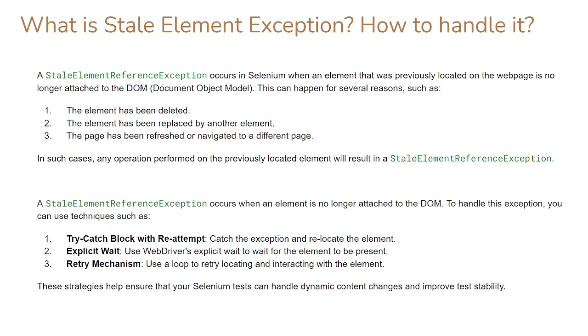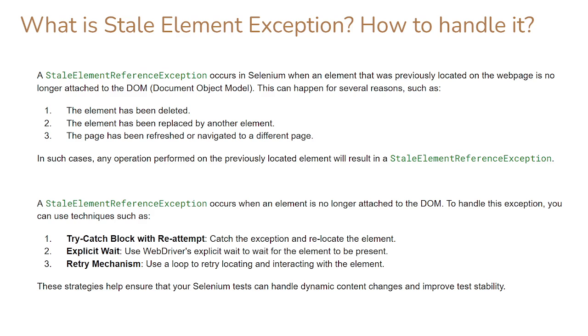Stale element reference exception occurs when an element is no longer attached to the DOM. To handle this exception, you can use techniques such as creating a try-catch block. It is one of the best practices that whenever you write code, you should write that code inside a try-catch block.